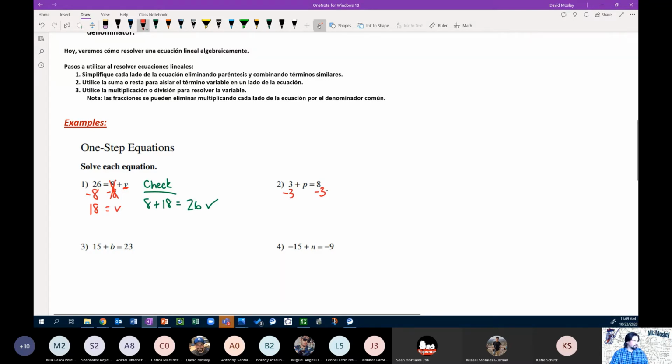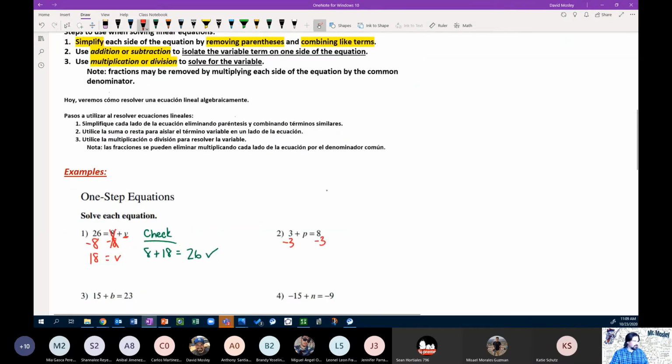I want to make sure I'm saying right. How do I say right hand side? I don't know. I'm sorry. So 3 minus 3 gives us 0 plus p. 8 minus 3, 5. And p equals 5. Right?